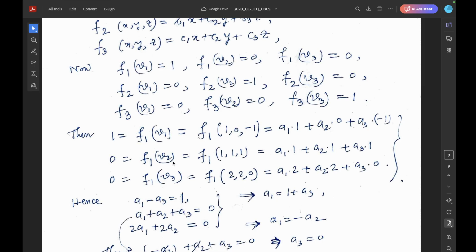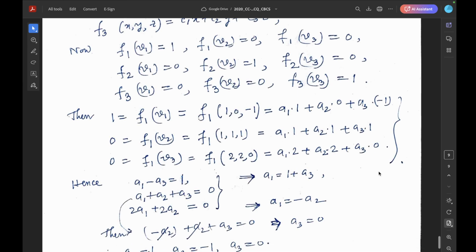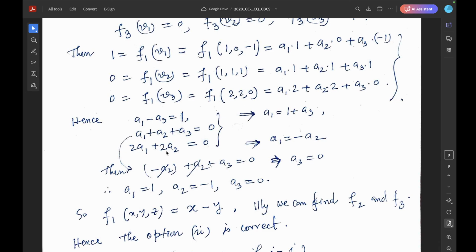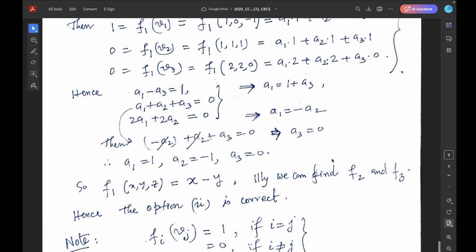And f1 v2 equals 0, and f1 v3 equals 0. Solving this, we get a1 equal to 1 plus a3, and a1 equal to minus a2, thus a3 equal to 0. Hence a1 equal to 1, a2 equal to minus 1, a3 equal to 0.